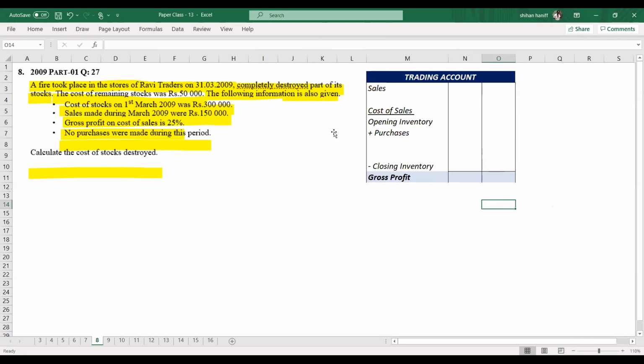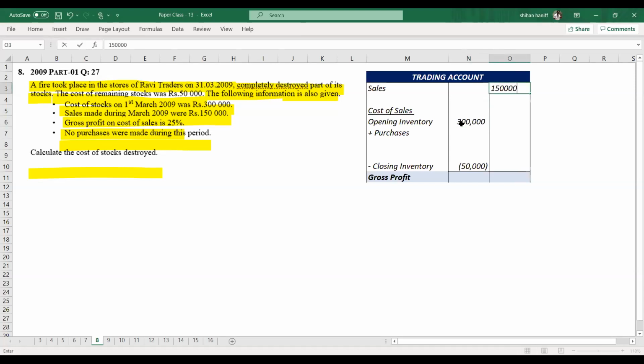Completely destroyed. The remaining stock is 50,000. Remaining stock is 50,000 means that's the closing stock. Cost of stock 300,000. Sales made during the year is 150,000. There is no purchases.